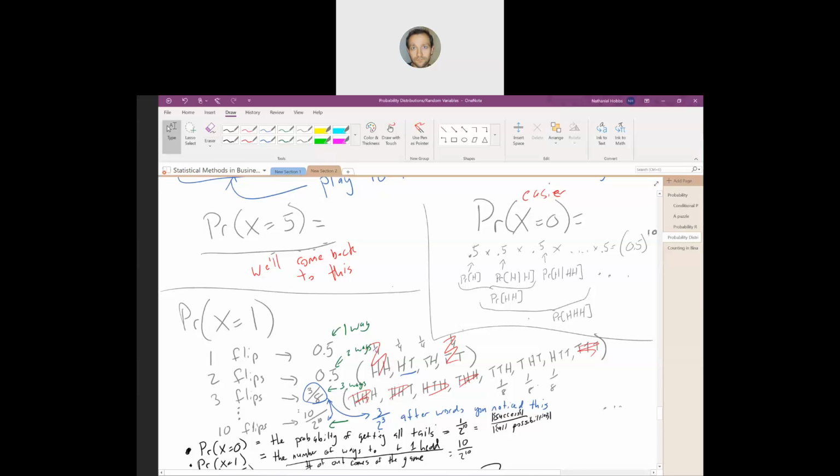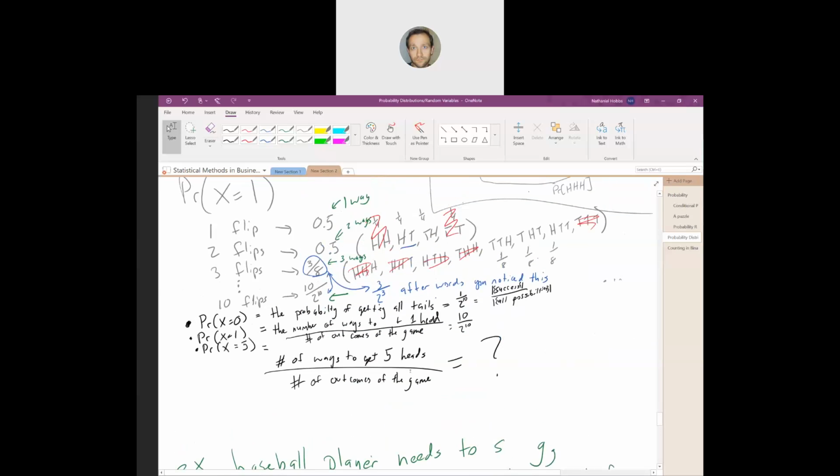And yeah, we were able to calculate this. It could be good practice for you. Taking this, the number of ways to get something divided by the outcomes of the game, how do you get 0.5?